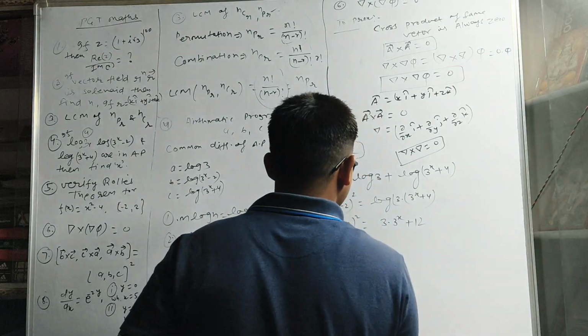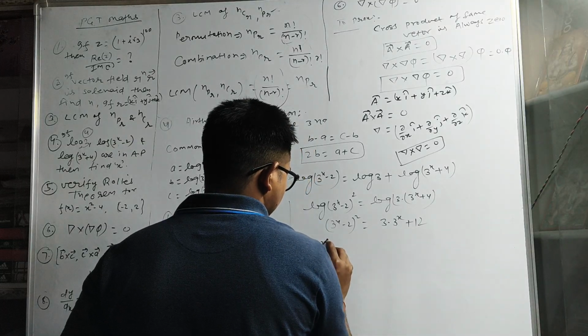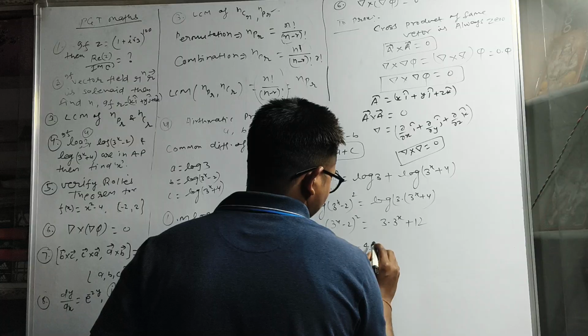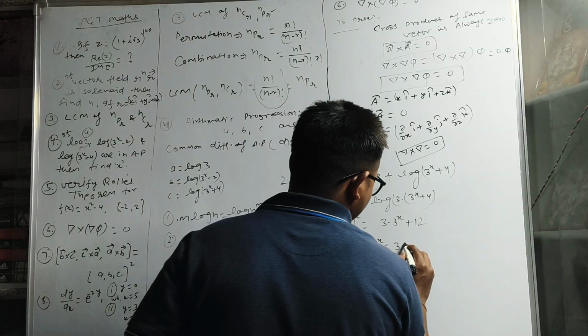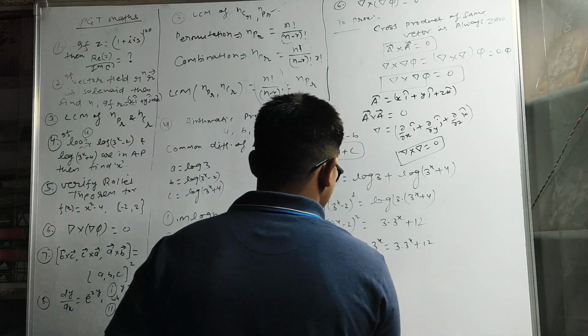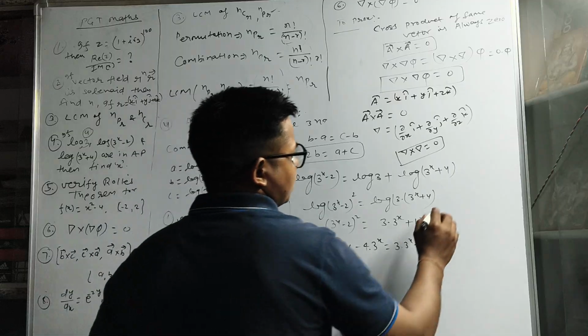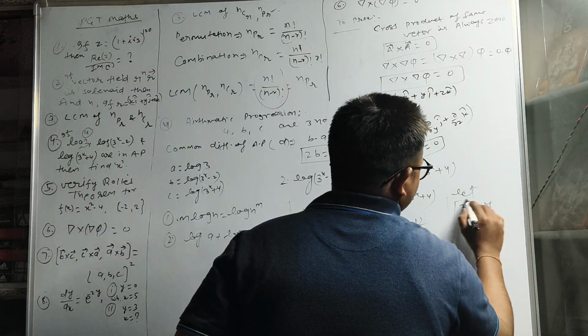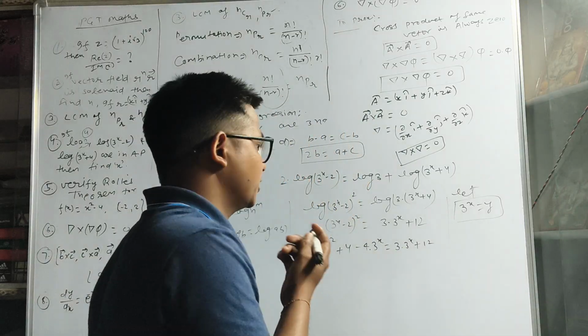Okay, so squaring this term, (3^x) square plus 4 minus 4 into 3^x equal to 3 into 3^x plus 12. So for simplicity we can assume, let 3 to the power x equal to y, then the equation is converted into a quadratic equation.